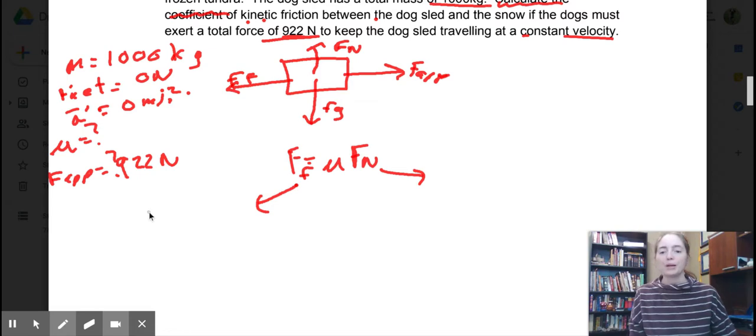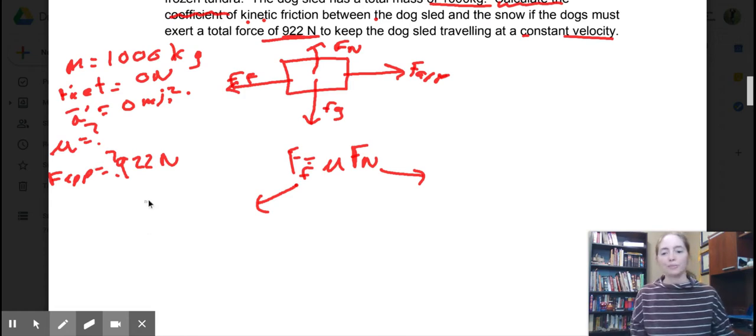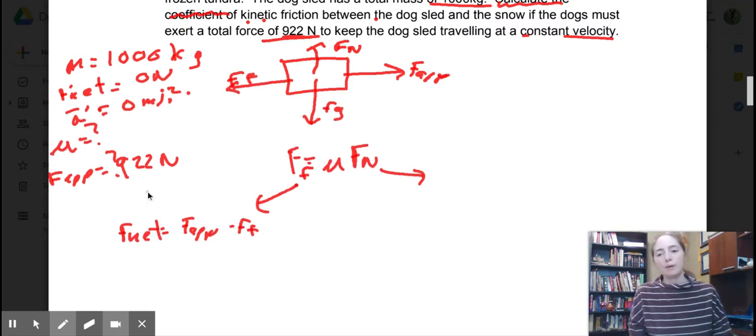Why not? So let's think about our forces on that x-axis. We're going to make an F net equation on that x. So our F net is going to equal our force applied minus our force of friction. Now remember, our F net is going to be 0. So that's going to cancel out.